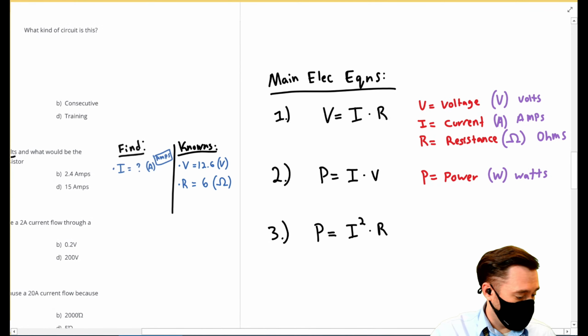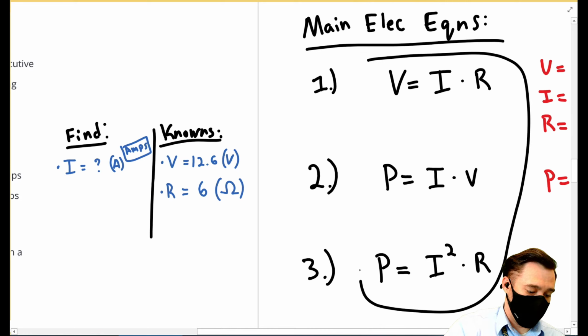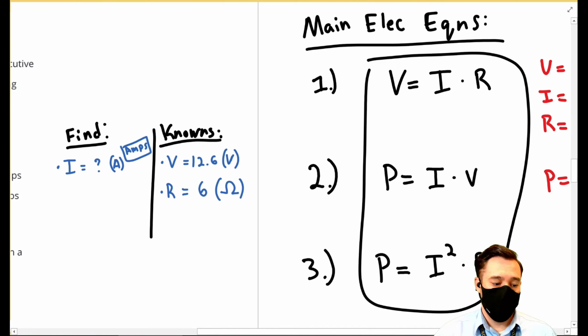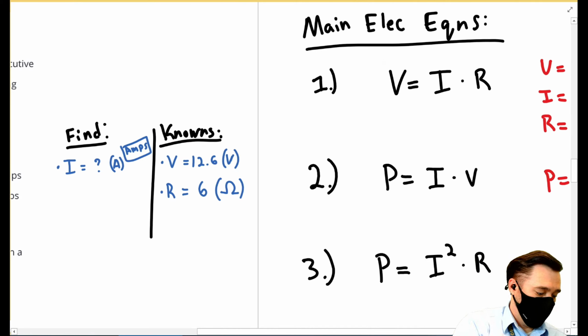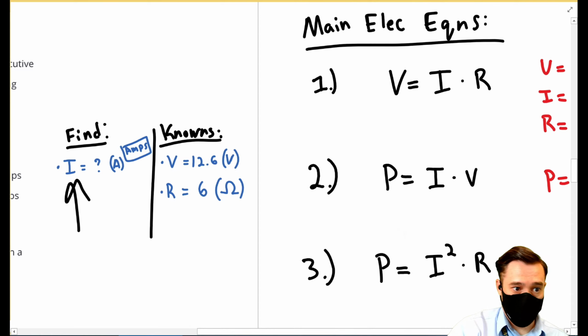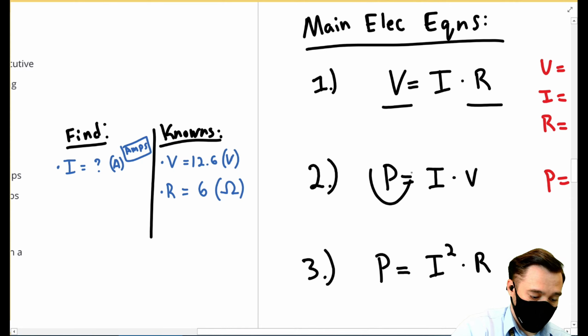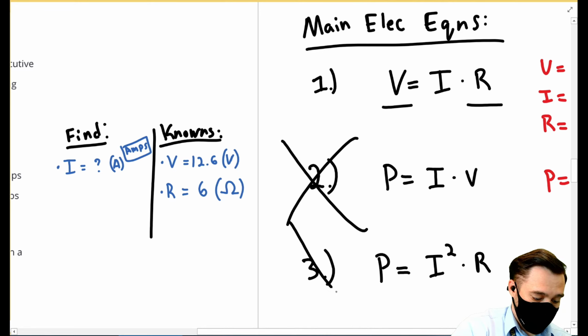Okay. So which equation should I use out of these 3 to solve our problem? We need to find I. Every single one of these has I. So right now we can choose any of them, but I only have V and R as my knowns. So V, R, good. I don't know P, so it's not going to be these 2.